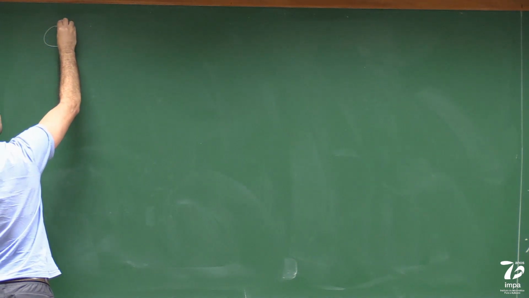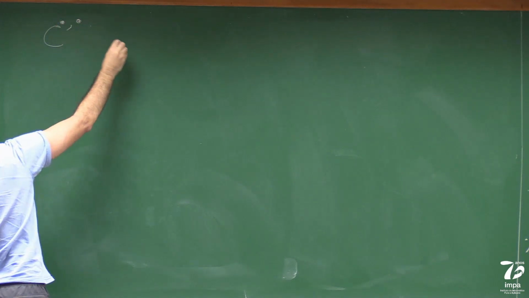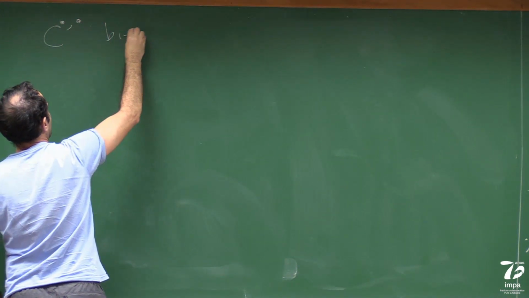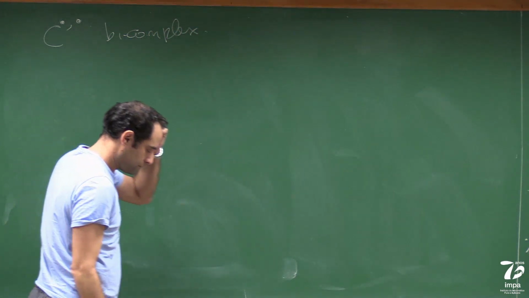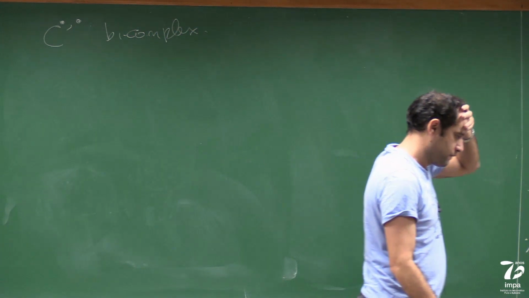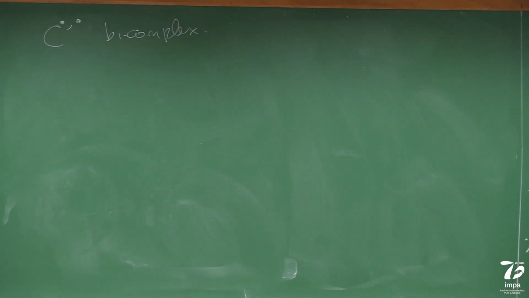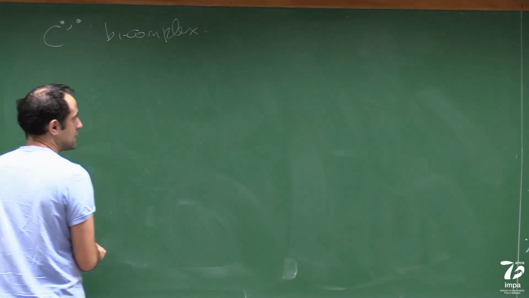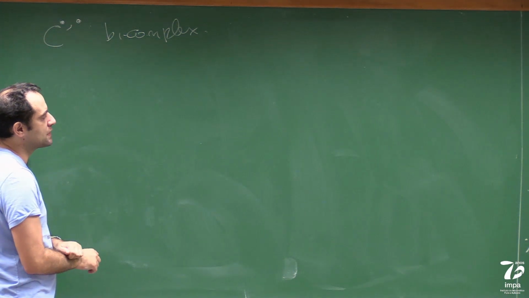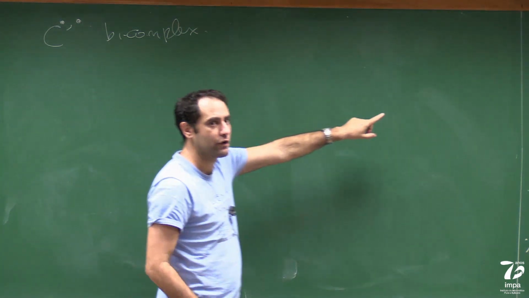Let's suppose that I have this complex. It's a bicomplex. Then I will construct a spectral sequence. And the way to construct this spectral sequence is, I mean, this looks like a lot of data.